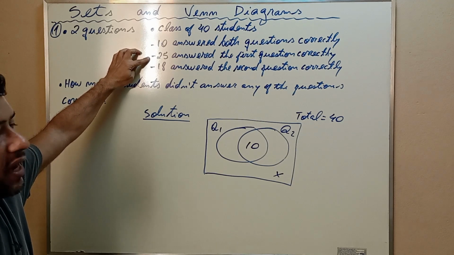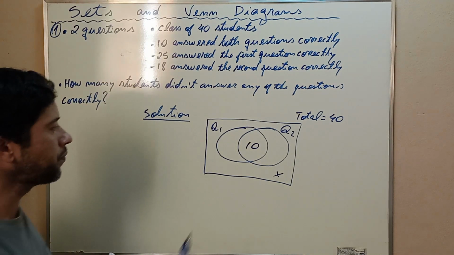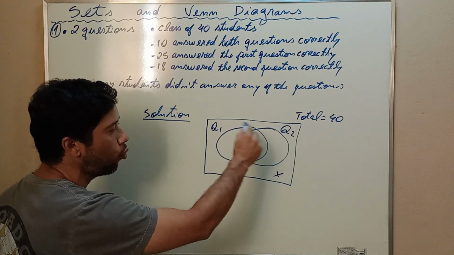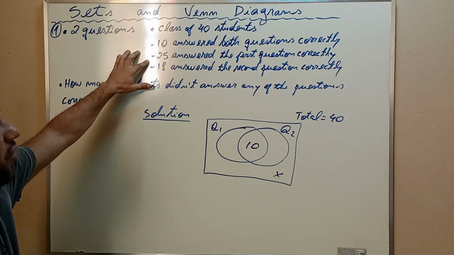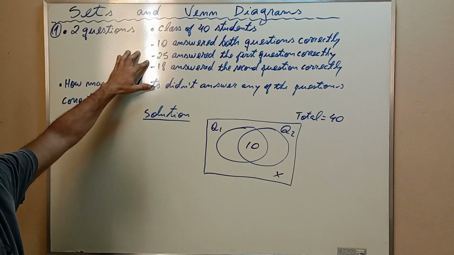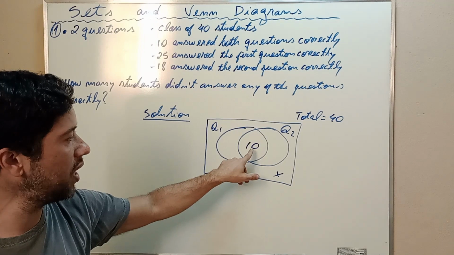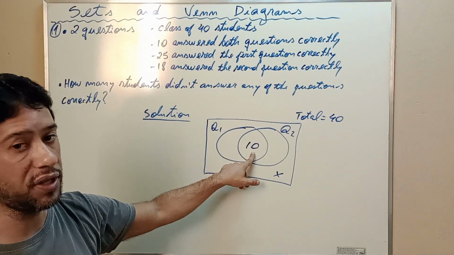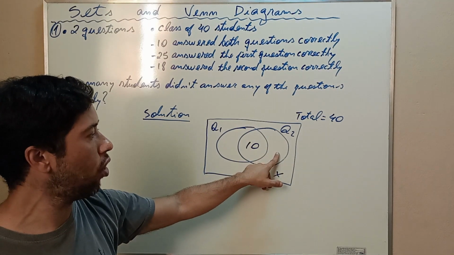Let's analyze this information here. 25 students answered the first question correctly, okay? This circle here represents question 1. And the exercise said that 25 answered the first question correctly, and we already have 10. These 10 answered question 1 correctly, but they also answered question 2 correctly.